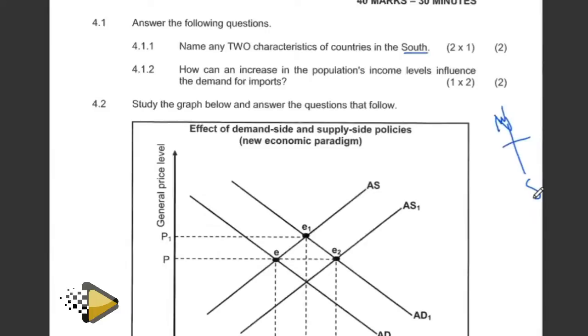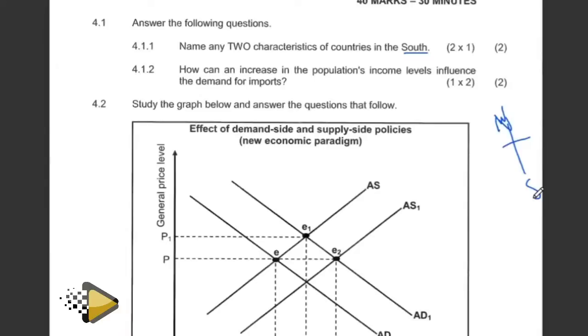How can an increase in the population income level increase the demands for imports? So the moment local inhabitants or the household income is high, it means that now there's going to be a desire or a need for them to buy the normal goods, not the inferior goods.